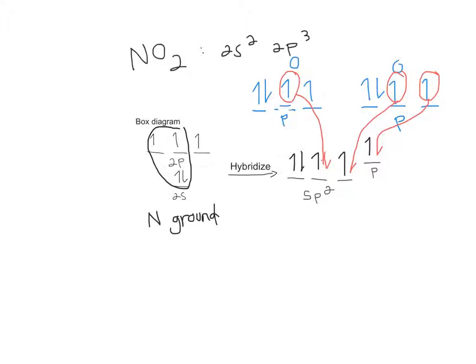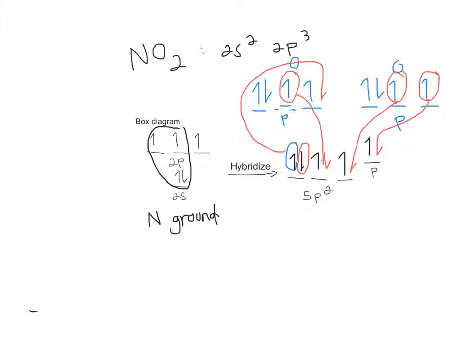And then what we're going to do is we're going to take one from the nitrogen hybridization here, and it's not going to bond, but it's going to share an electron with the oxygen, which leaves the nitrogen atom with the free radical, the one unbonded electron.